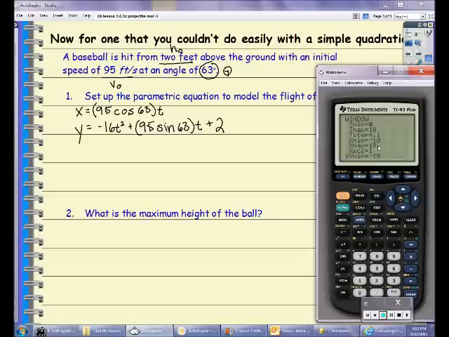And I'm going to pick negative 10 to 10. That doesn't make sense. So let's see, how far do we think this thing is going to go? We can't go backwards. 95 feet per second, let's say up to 200 feet. That might work. How high is it going to go?